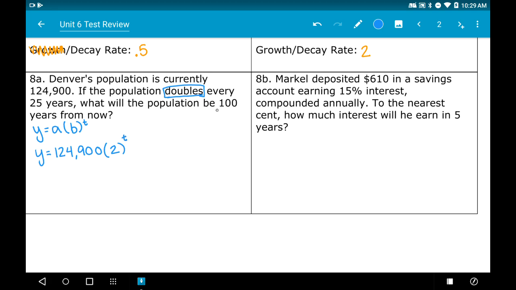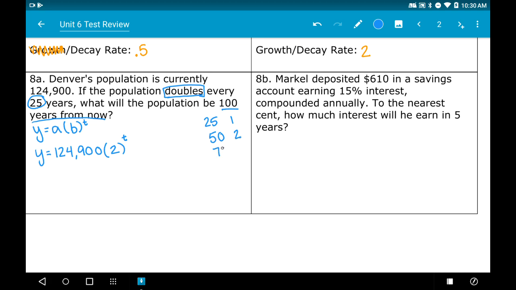Now to figure out what the population will be 100 years from now, we know it doubles every 25 years. We have to figure out how many times it would double in 100 years. So after 25 years it doubles, that's once. Another 25 years would be 50 years, that would be our twice.